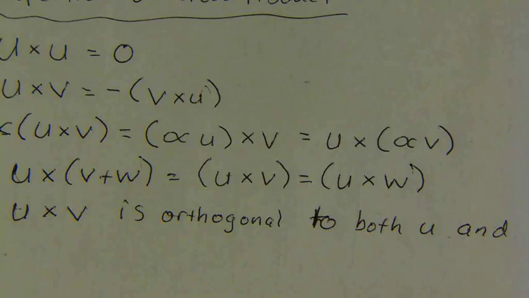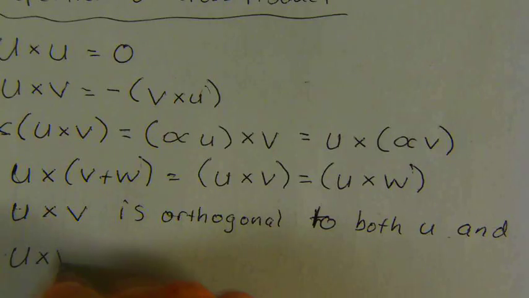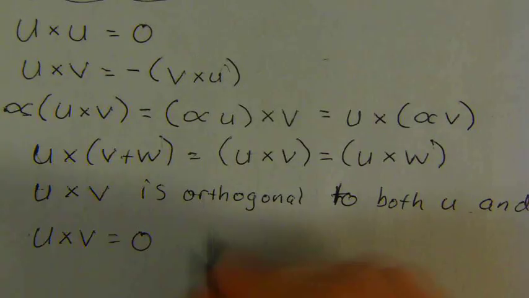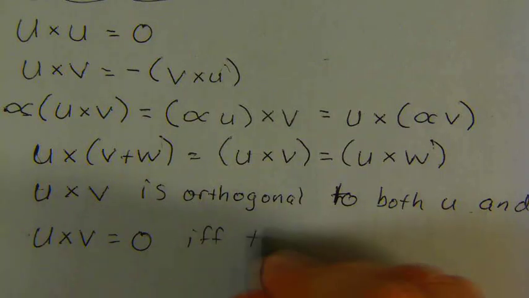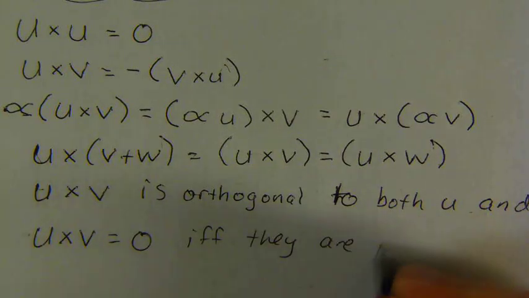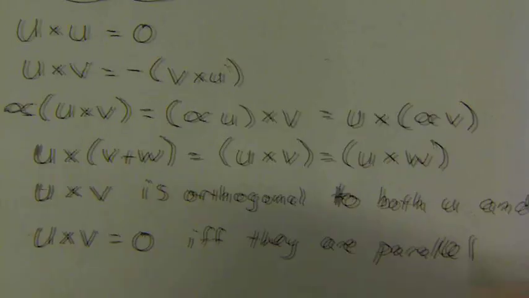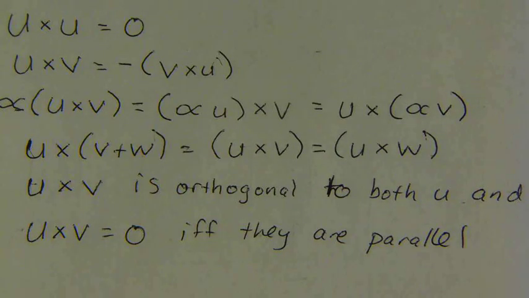It's perpendicular to both of those vectors. All right? And another thing is the cross product is equal to 0 if and only if they are parallel. So if you do the cross product and you get an answer of 0, then those vectors must have been parallel.